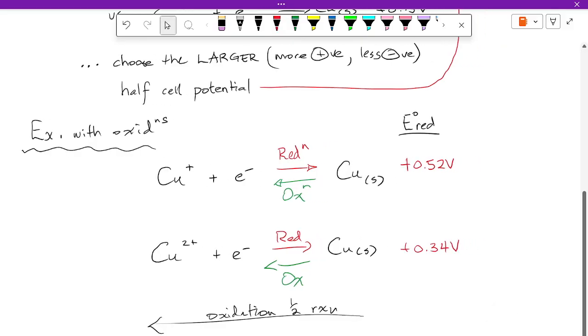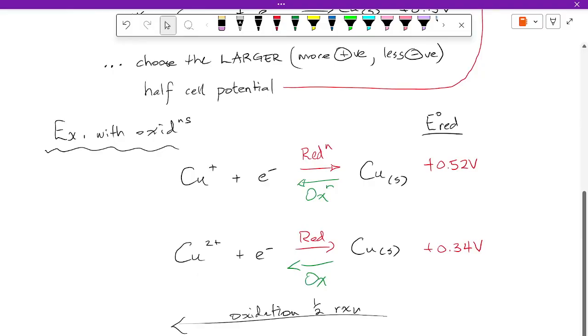So if we were saying which of these is the preferred oxidation reaction, yes? Yes, thank you. Sorry about that.